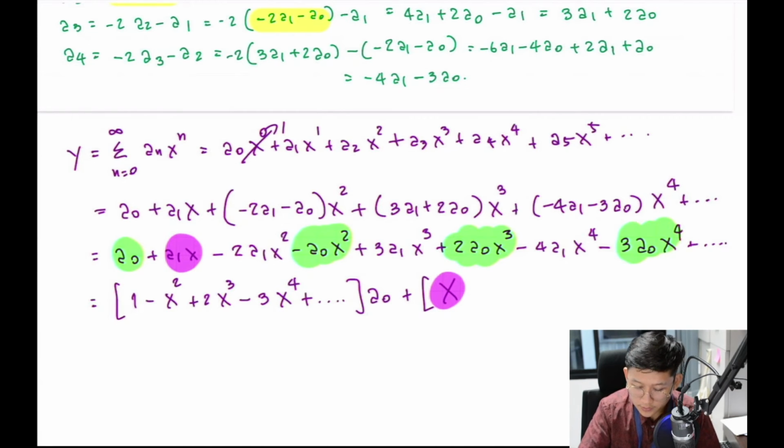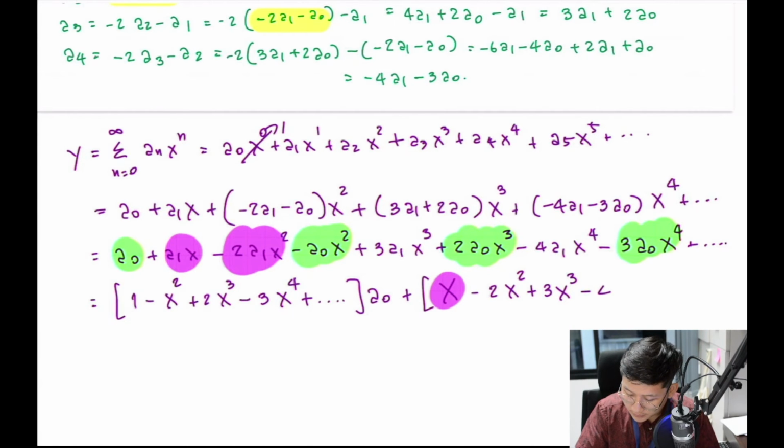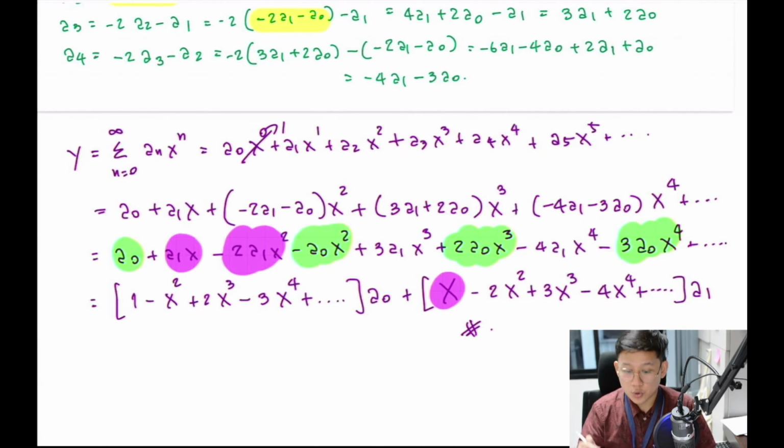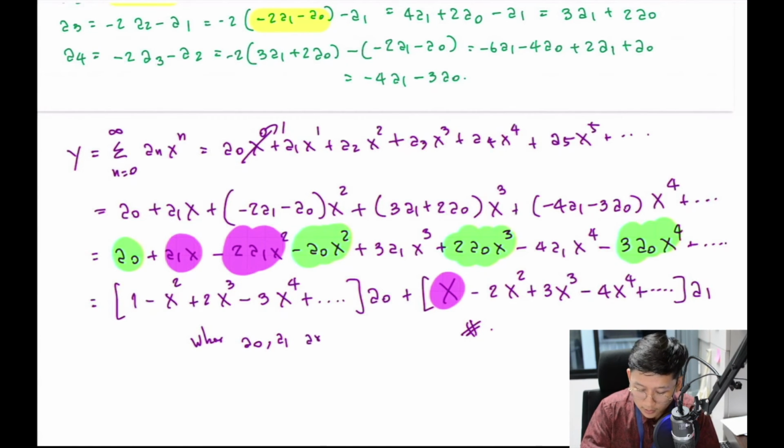And then the next one would be minus 2x squared, which is from here, and then plus 3x cubed and minus 4x to the fourth plus blah blah blah, and then we get a1. And that is the solution, where a0 and a1 are constants.